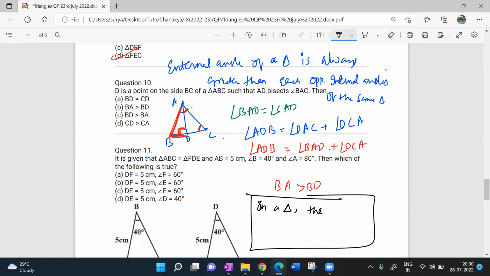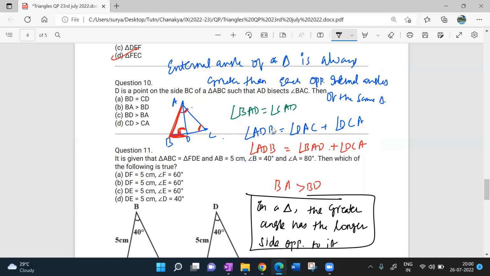The greater angle has the longer side opposite to it. We already discussed this. In a triangle, the greater angle has the longer side opposite to it.